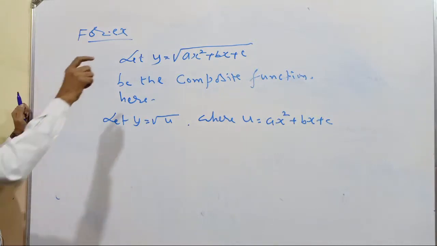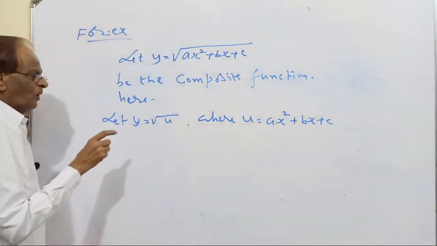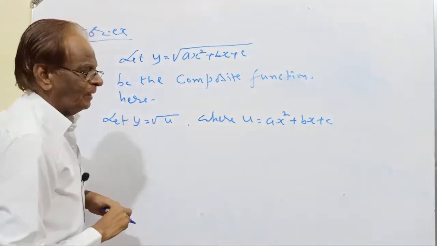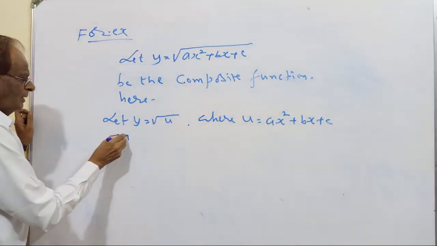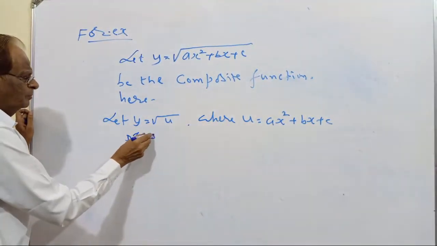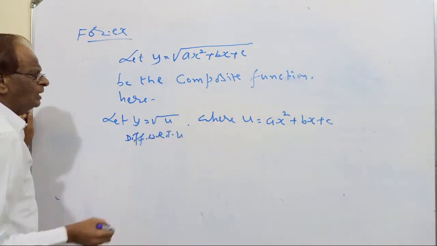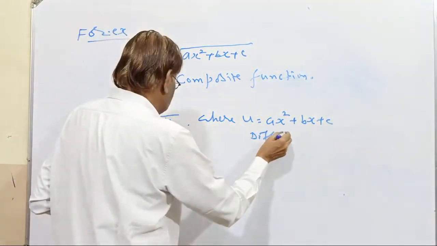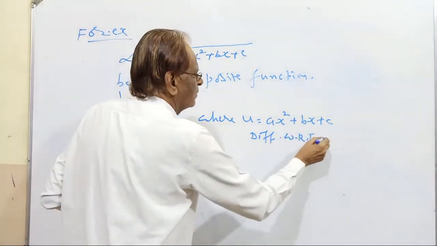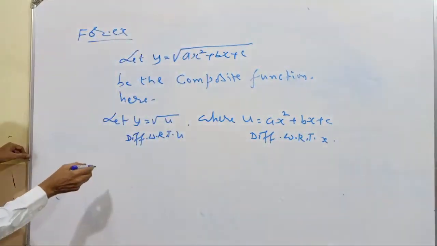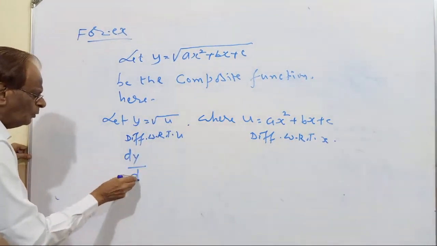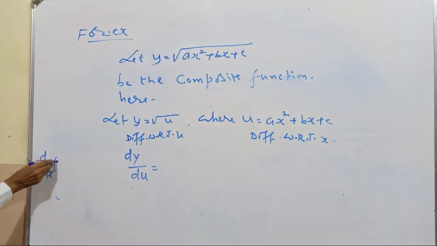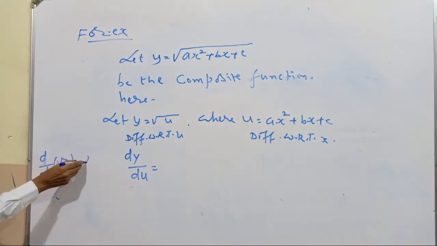We have split this composite function into two functions. y is a function of u. Here u is a function of x. Differentiating with respect to the right side letter u, and here differentiating with respect to the right side letter x. y with respect to u: the formula is that differentiation of root x is 1 by 2 root x.